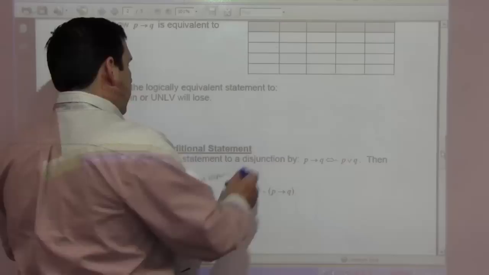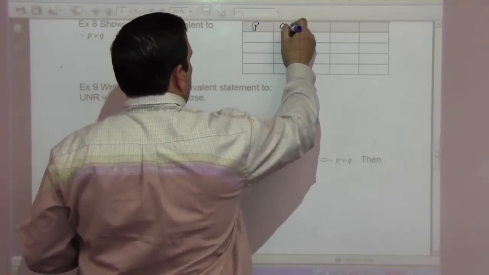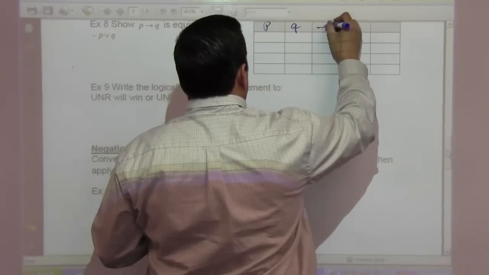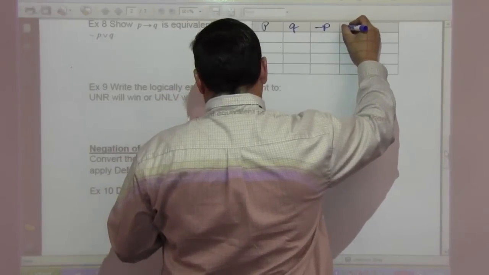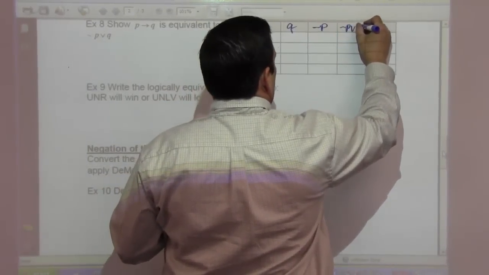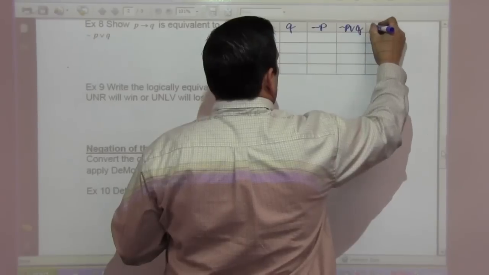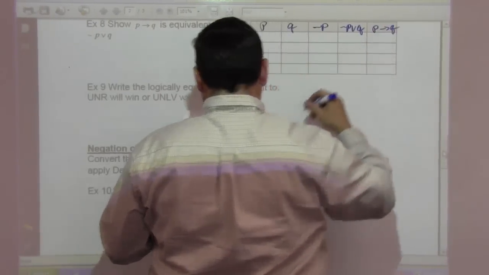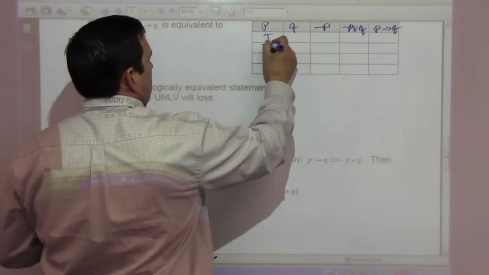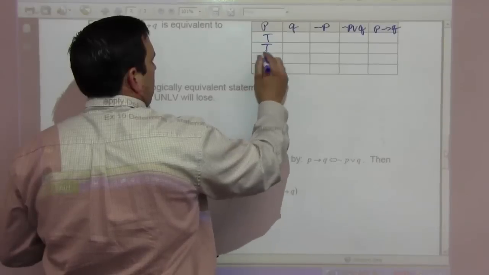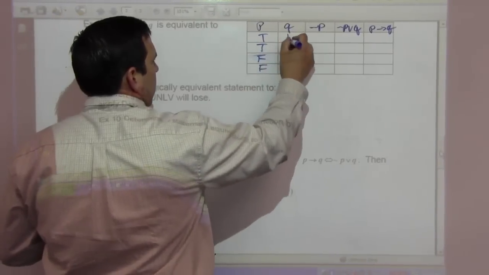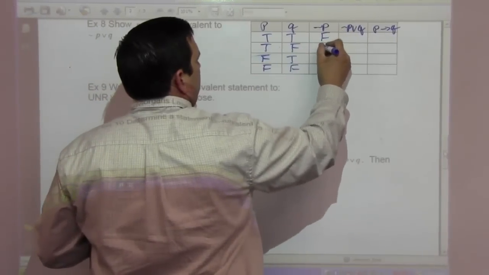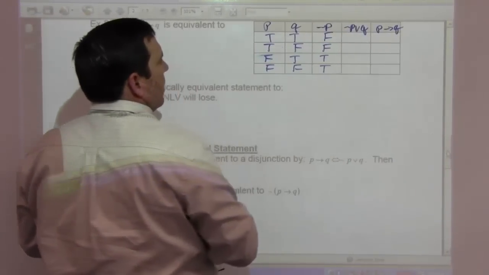So we'll have our P column and our Q column. Then we'll have our not P, then our not P or Q, then we'll have if P, then Q. Standard setup here. That's going to be false, false, true, true.